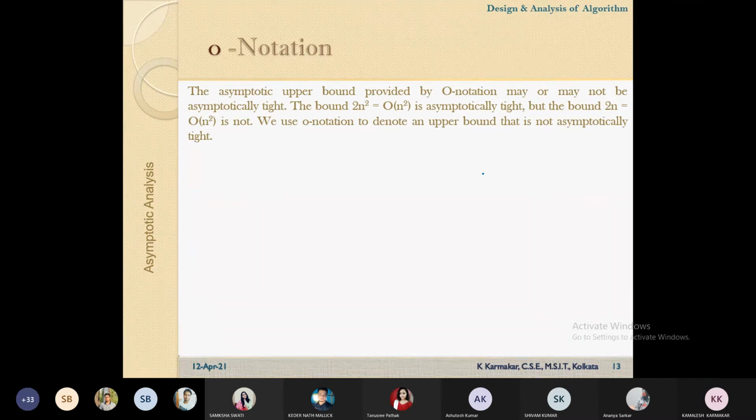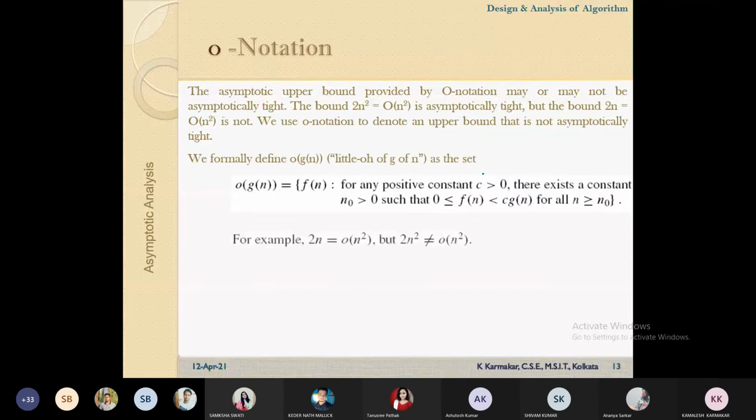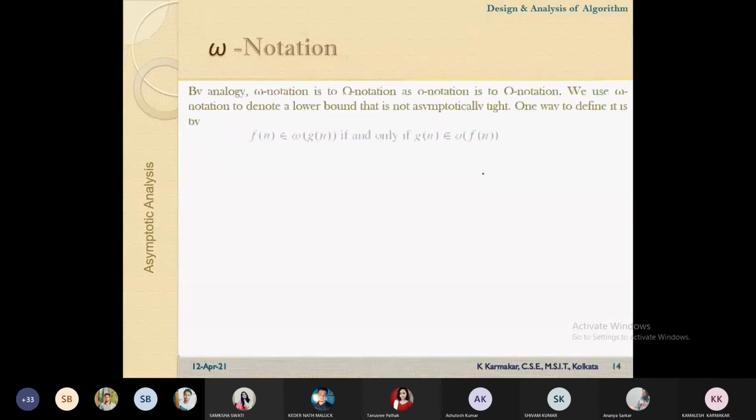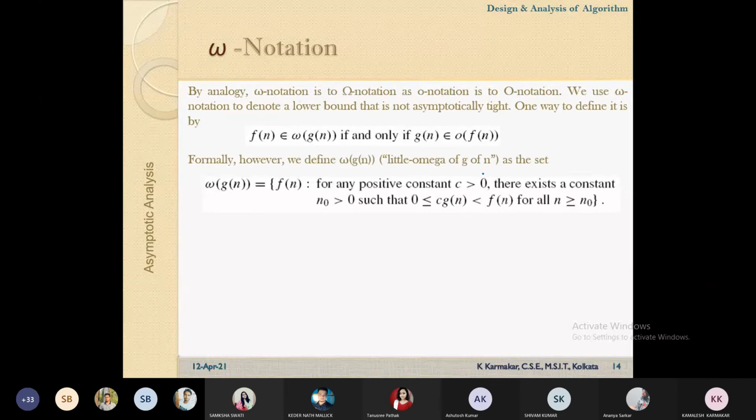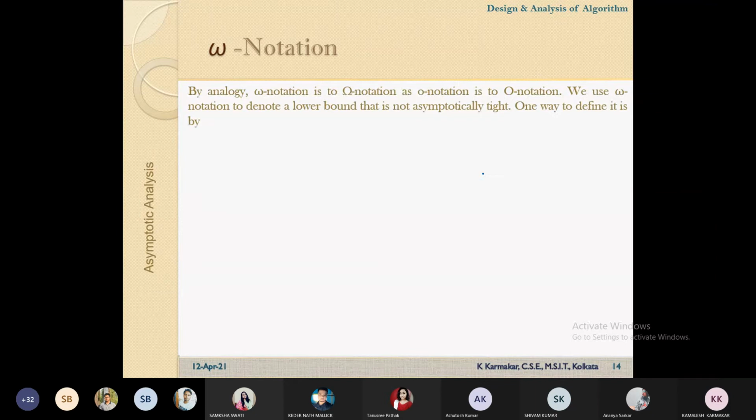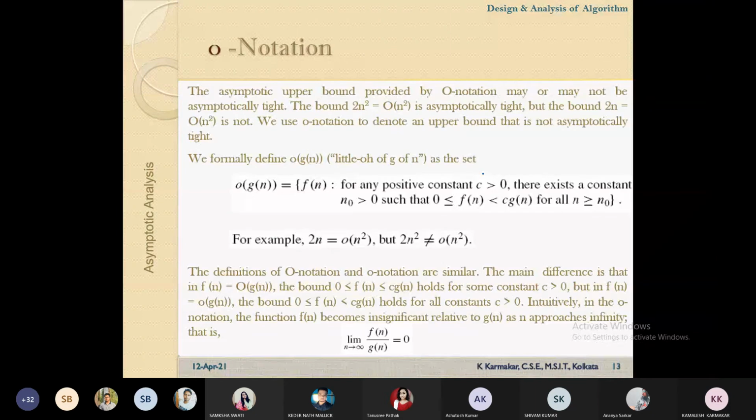Now let us try to understand two different types of notations: small o and small omega.